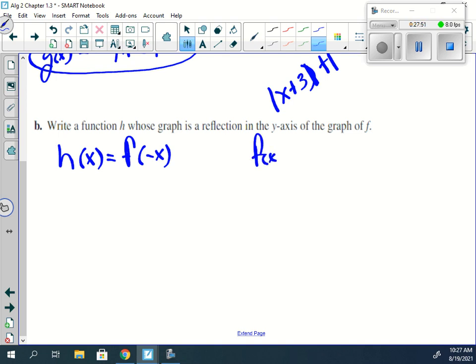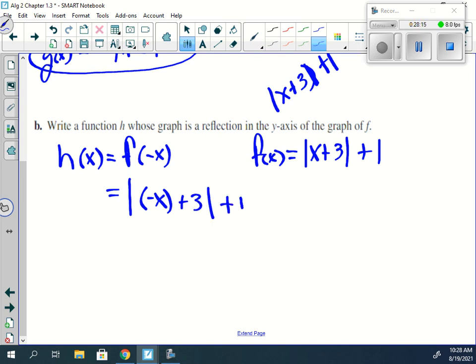Now our function f of x, y'all have it where y'all can easily see it still. It's not way up above. So what are we doing here? We're replacing x with negative x. So what we have is the absolute value of negative x plus 3 plus 1.